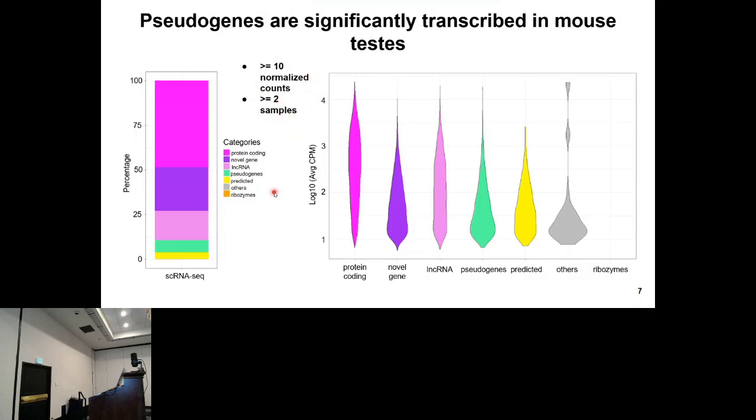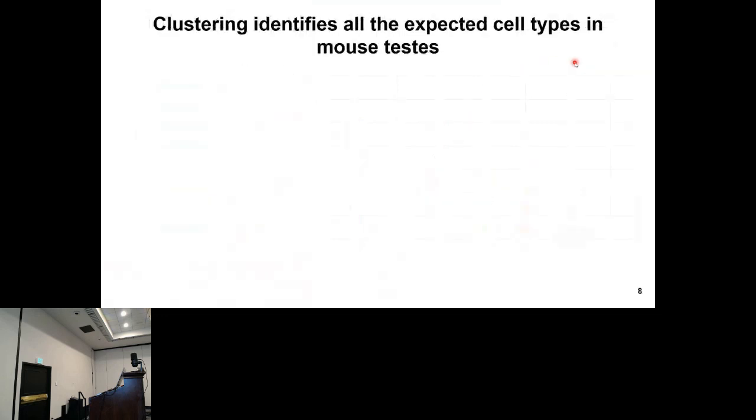And as you can see on this stacked bar chart, where every stack represents a particular biotype, pseudogenes comprised approximately 7% of all detected biotypes in the data. And as you can see on these violin plots of the average normalized read counts in a logarithmic scale for each biotype, pseudogene expression levels were significant and comparable to the other biotypes in the dataset.